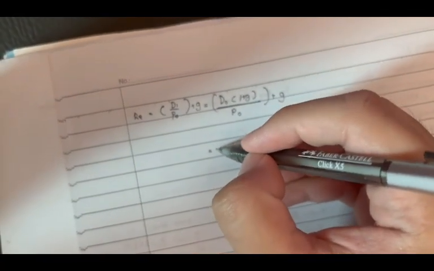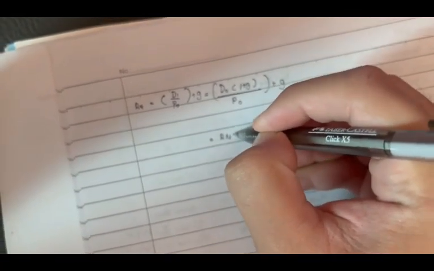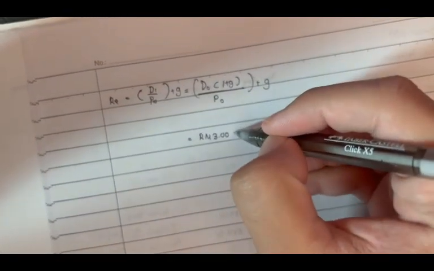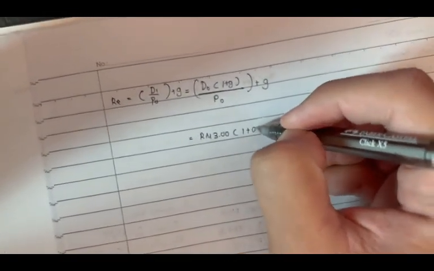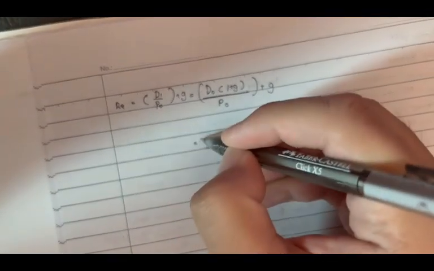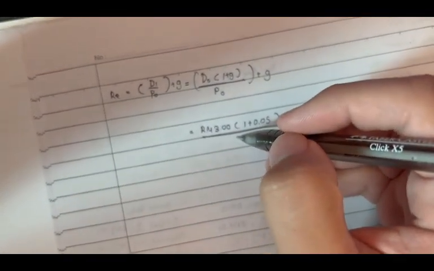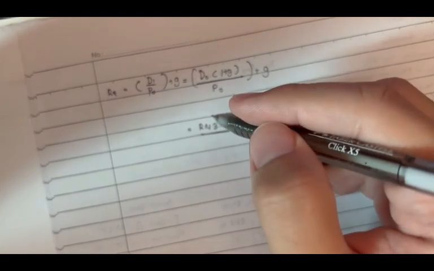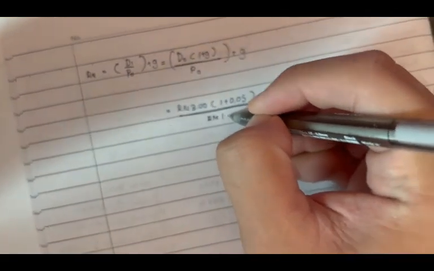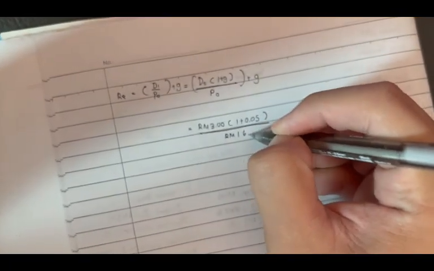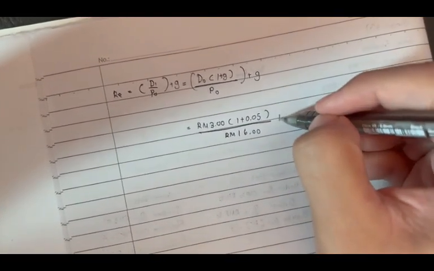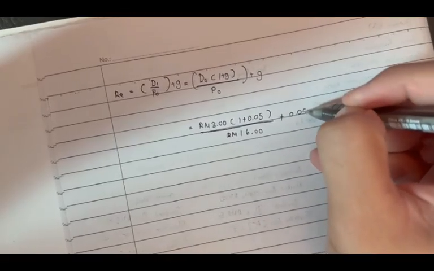RM 3, bracket 1 plus 0.05 bracket, for the market price P0 it will be 16 ringgit, plus 0.05, which is the growth.